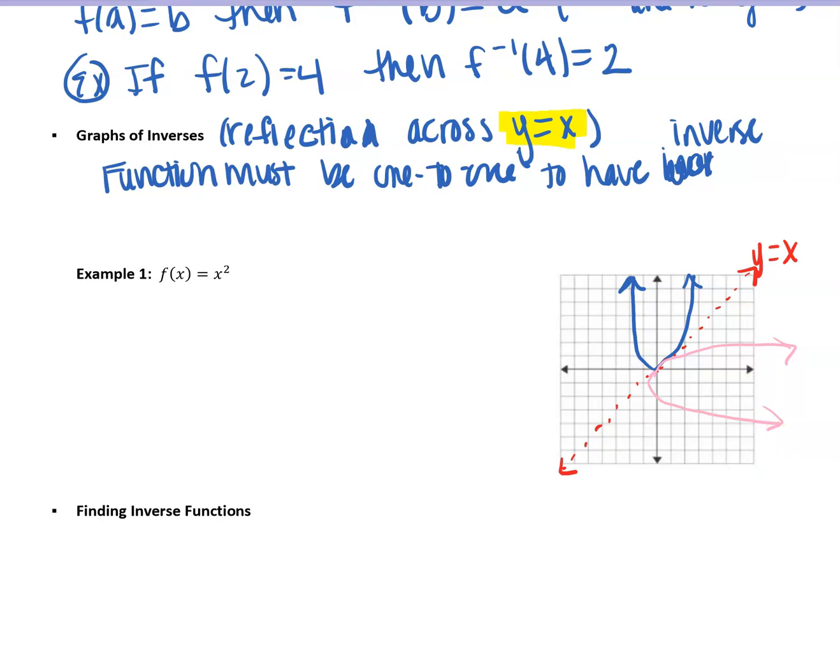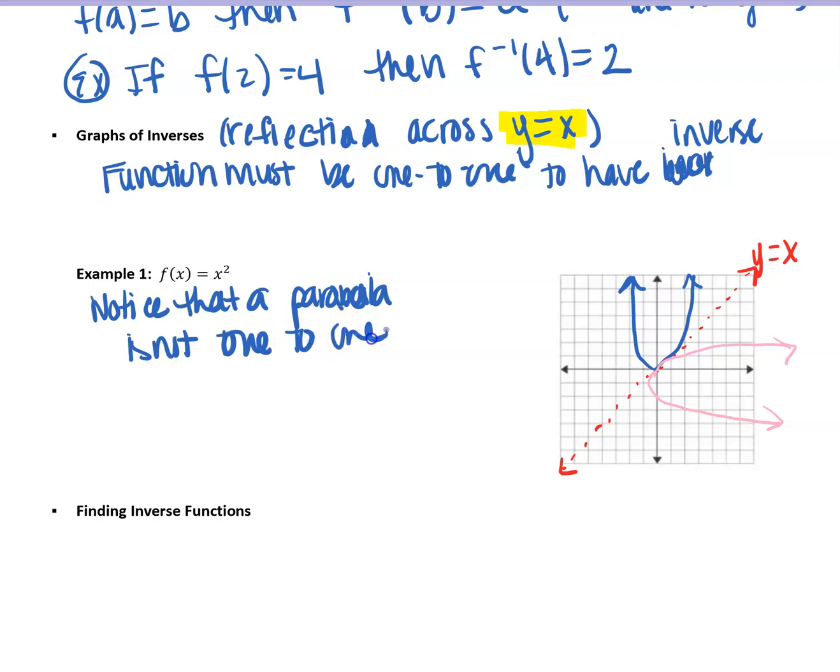So what we would need to do is restrict f of x so that when it's reflected, it still remains a function. That's where that 1 to 1 comes into play. So let's make some notes here and say, notice that a parabola is not 1 to 1. We can see that because we have y's repeating, it wouldn't pass that horizontal line test. So we're going to make a note.